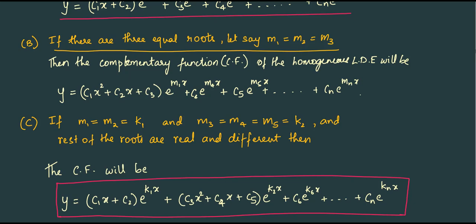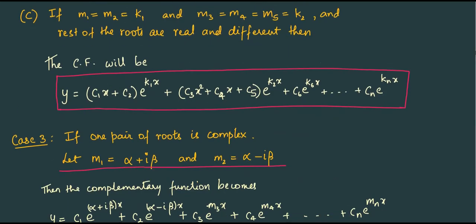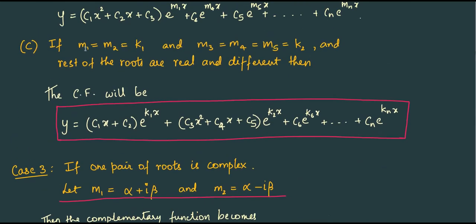And suppose m1 and m2 are equal roots of one value, and m3, m4, m5 are equal roots of another value, then we get the coefficients like this.